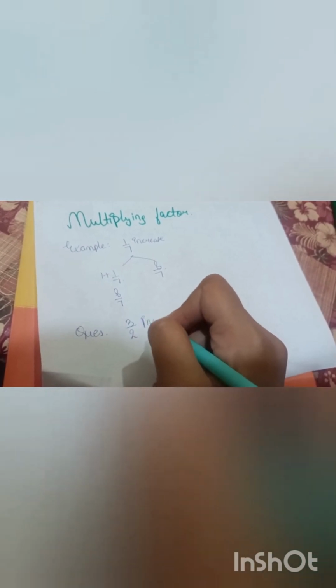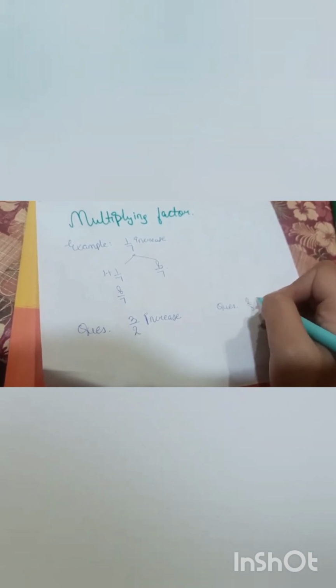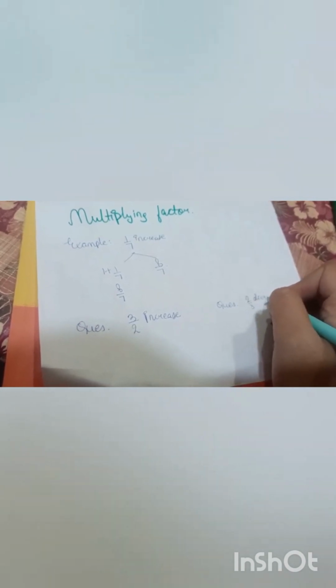I'm giving you two questions, you can solve them. There is 2 by 3 with an increase, and another question is 2 by 3 with a decrease. You may take 1 minute and solve it.